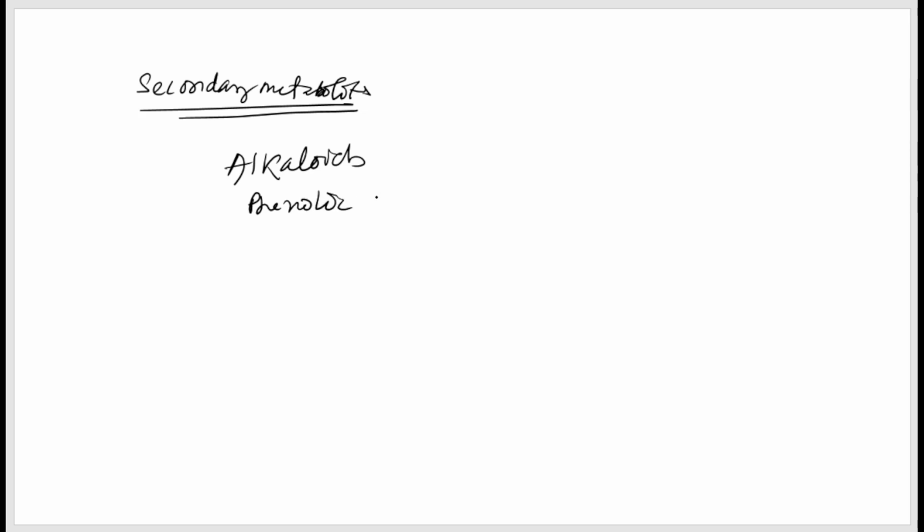Secondary metabolites. You can consider alkaloids. You can consider phenolic compounds. You can consider tannins. You can consider tannic acids.